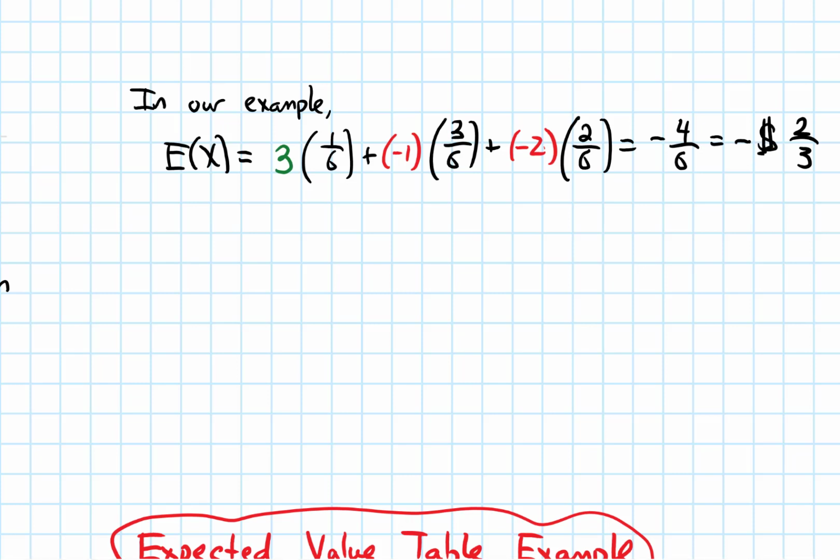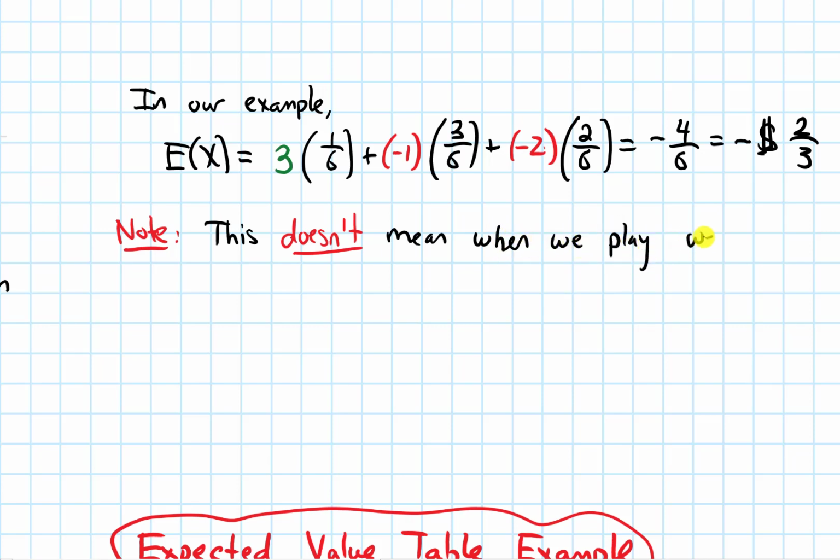So I want to end this video with an important observation. I want to note that this doesn't mean that when we play, we will definitely lose 2/3 of a dollar.